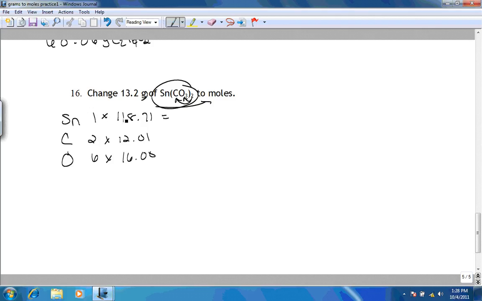So 1 times 118.71, 2 times 12.01, and 6 times 16.00. We're going to add these numbers together to get the total molar mass.